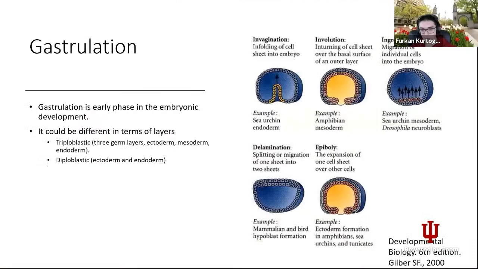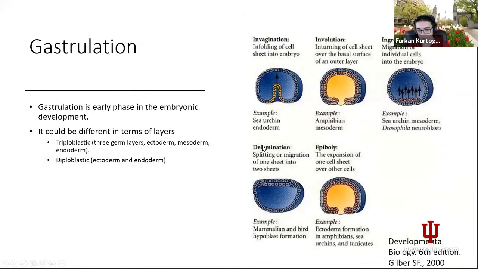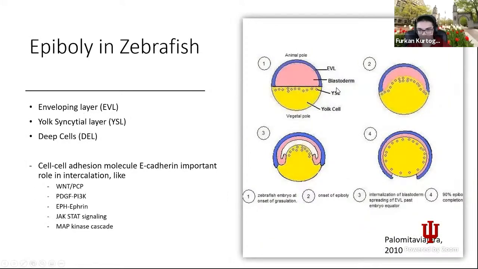Actually, I like the idea of epiboly in zebrafish, and I want to give an explanation of what epiboly is. Epiboly is the last step of gastrulation, where the cells are crawling around the yolk. There are some layers, and the zebrafish is triploblastic, which means there are 3 germ layers. As you can see here, there's an enveloping layer, a yolk syncytial layer and deep cells.